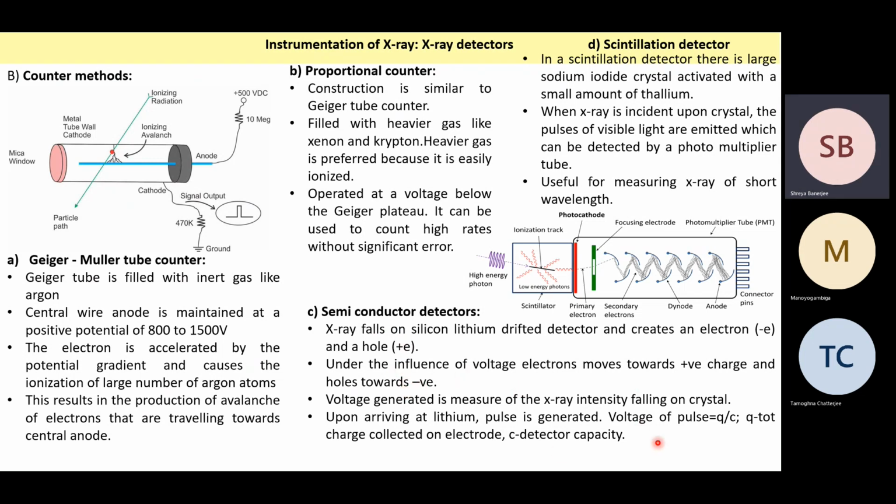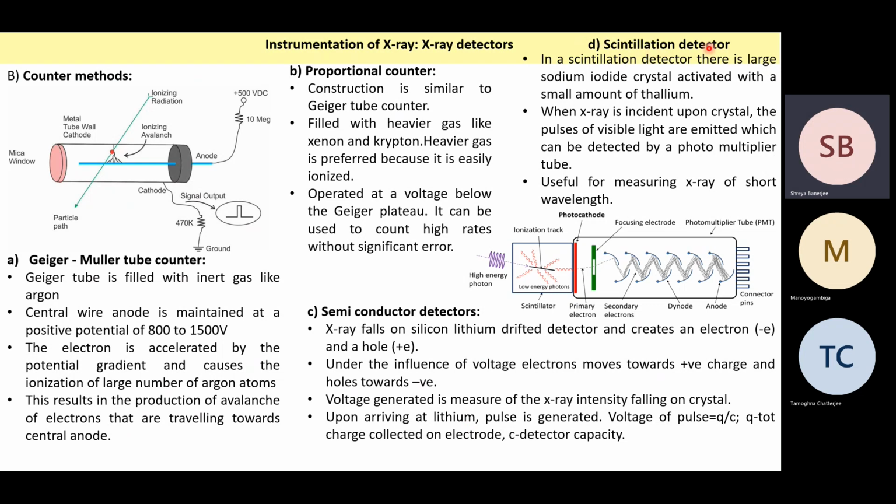The voltage generated is a measure of the X-ray intensity falling on the crystal. If a high intensity X-ray falls on the crystal, then more electrons and holes are generated, and so a higher voltage is generated. You can calculate the voltage by the formula Q by C, where Q is the total charge collected on the electrode and C is the detector capacity. So from the voltage, you can find the X-ray intensity.